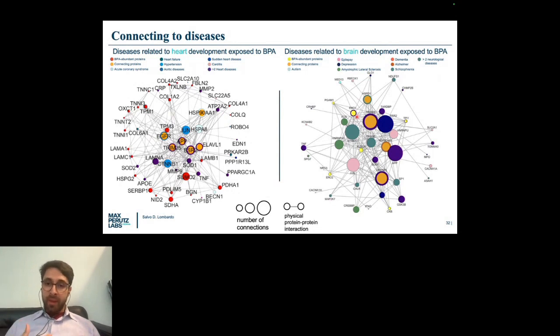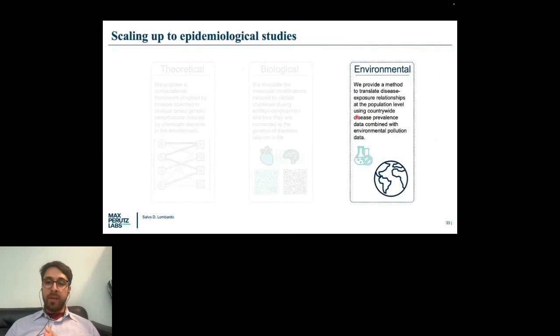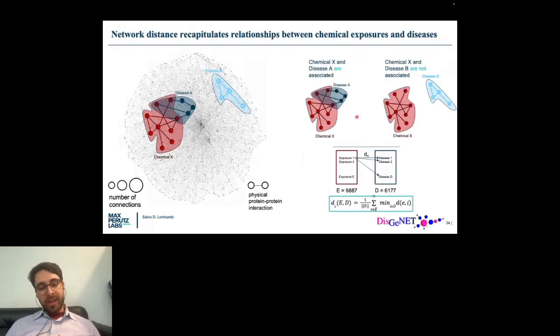And finally, I will talk about the environmental perturbation. I told you before that we can quantify the relationship between chemical exposures and disease, and I told you that we define a certain distance, which is basically the closest distance between two sets of proteins in the interaction network.